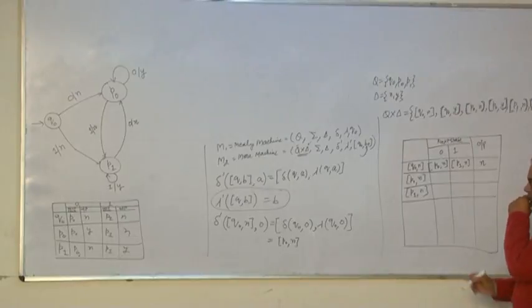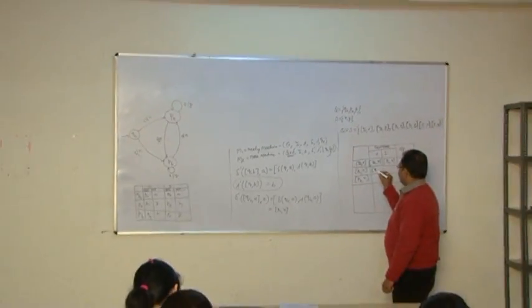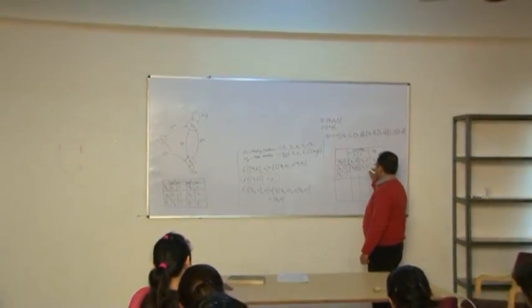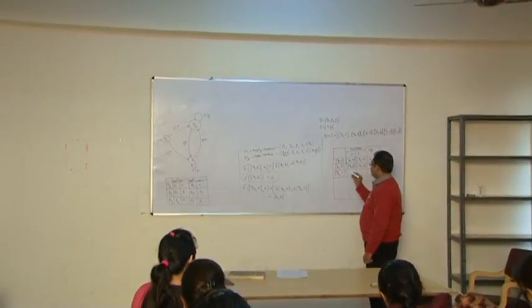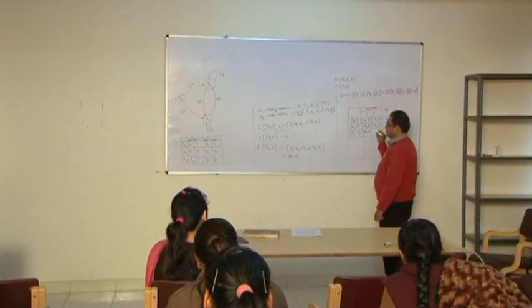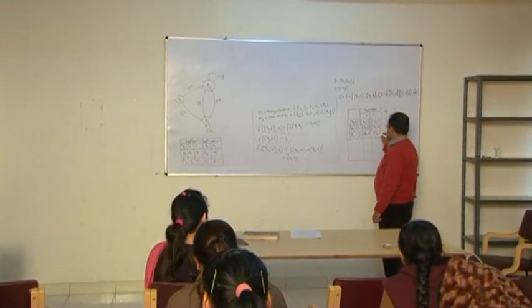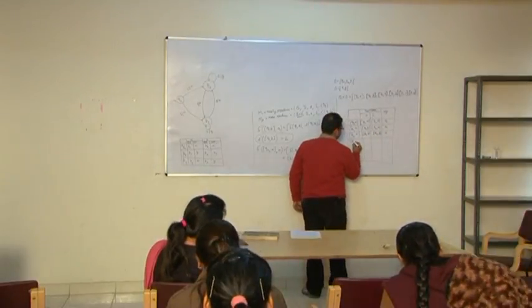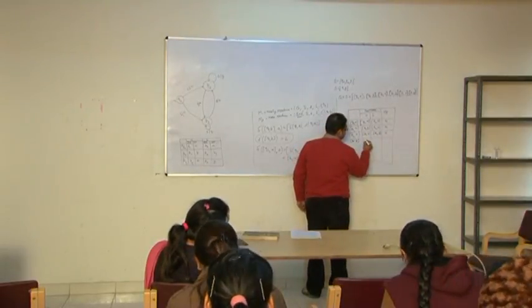So P node Y, E node Y, D1 N, so it's P node N, P1 Y, output is N. Then P node Y is there? Yes sir.